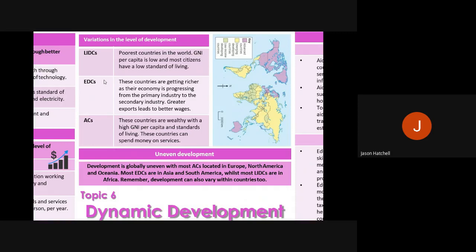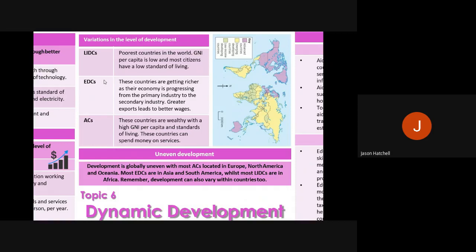There are some individual issues still within those countries. So this is where we have a big secondary industry sector. If we think about UK 21st century and link back to the different types of jobs, we had primary, secondary, tertiary, and quaternary. These EDCs have a lot of secondary jobs. Okay, so they have a lot of manufacturing jobs. They make most of the world's goods and materials, and they are growing rapidly.